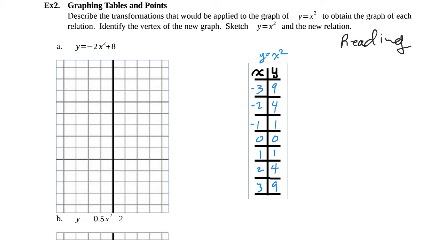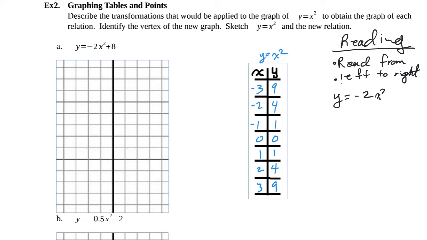The key idea for reading the changes is this: you read from left to right. So if I have y equals negative 2x squared plus 8, you're going to say the following.